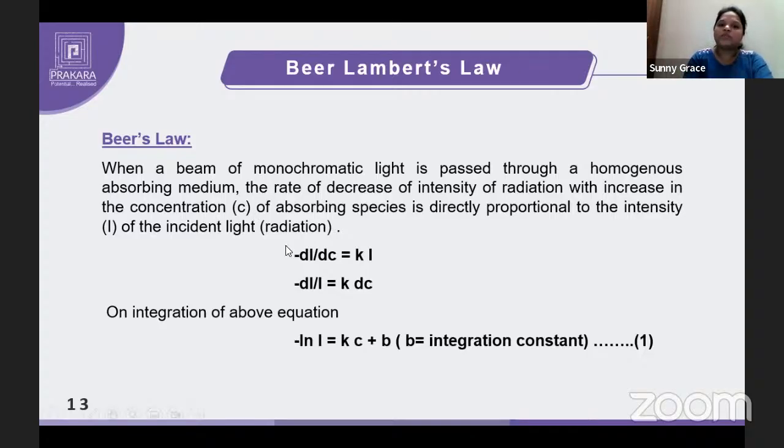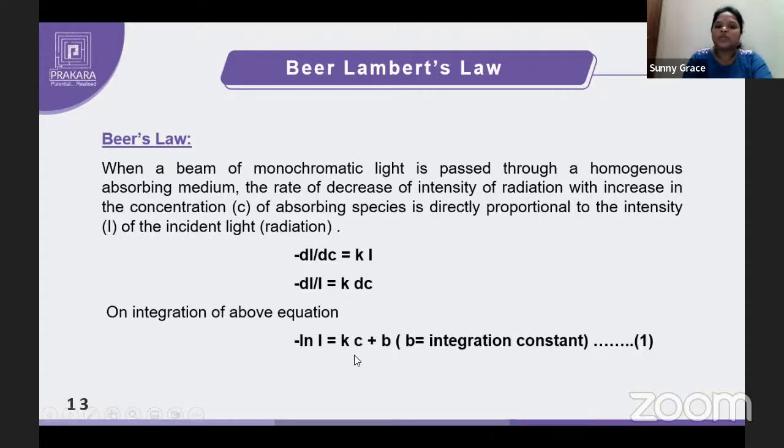So here, minus dI by dC is equal to kI. Here minus indicates the decreasing intensity of the radiation, and dI by dC is the intensity's relationship with the concentration. If you integrate this, you get natural logarithm of I is equal to minus kC plus b.